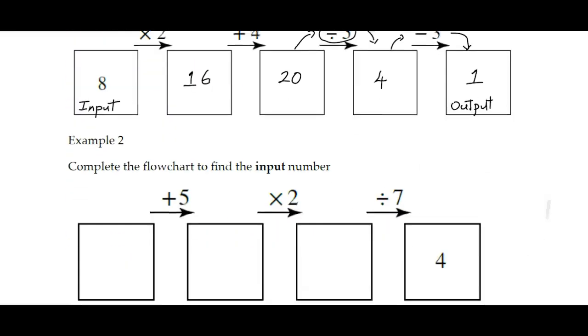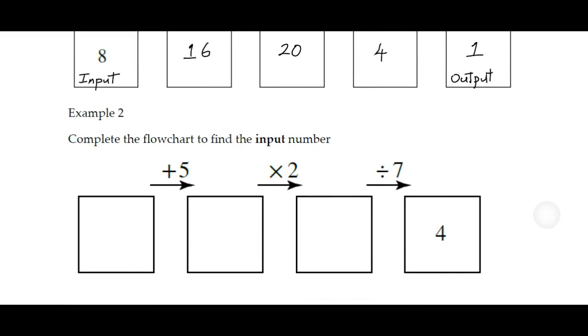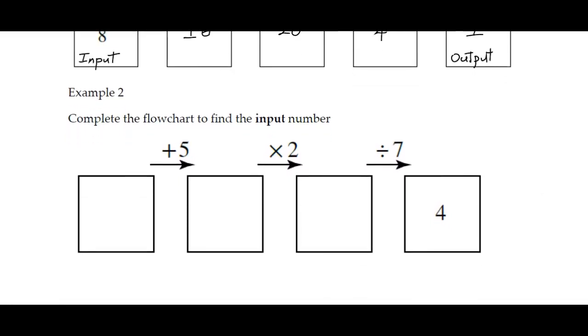Now, in our second example, what do we notice here? We notice that they want us to complete the flowchart to find the input number. So what we have in this flowchart is they've given us the last number, which is our output number, and they want us to go backwards to work out an input number. Now this is where the inverse operations come into play.